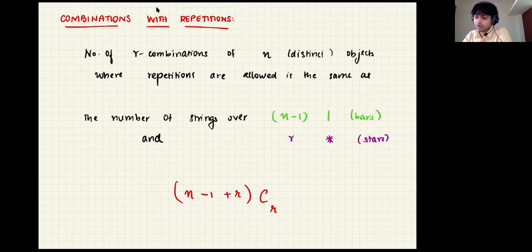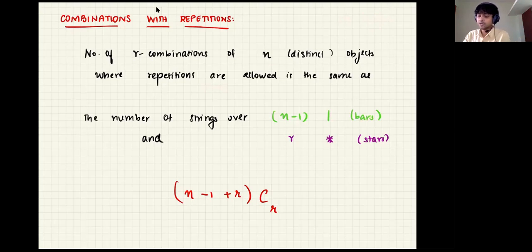The number of r combinations of n distinct objects where repetitions are allowed. So how would I do that? I have n objects, and I want to choose r of them, not in any order. I want to choose r of them, but I am allowed to repeat some objects.